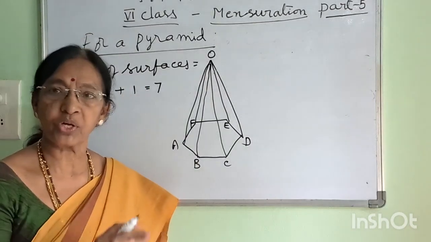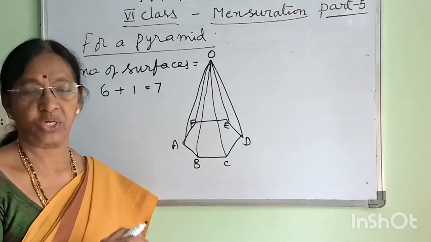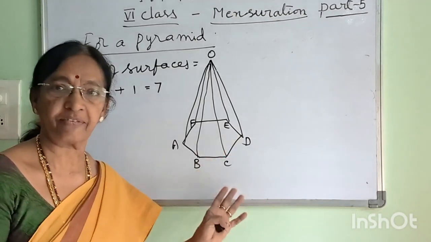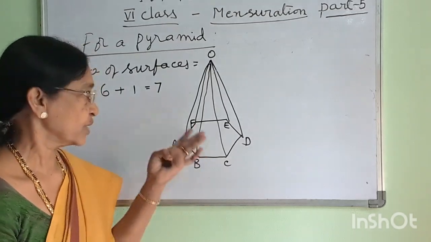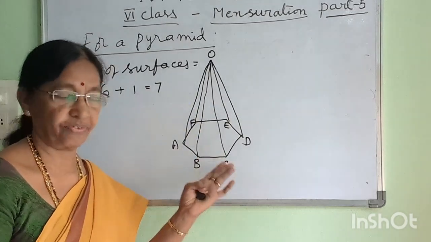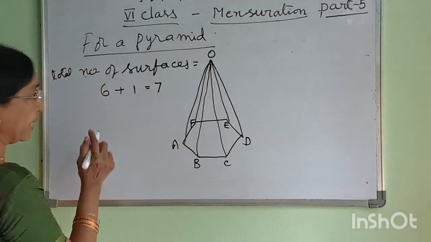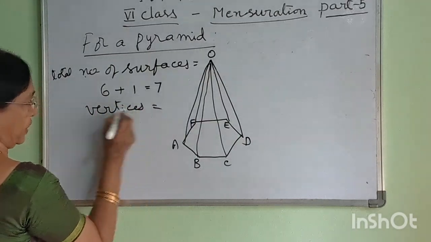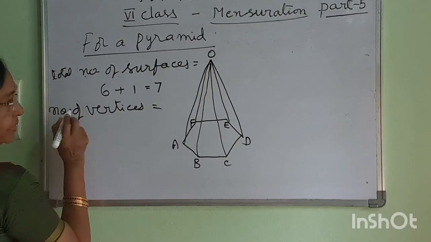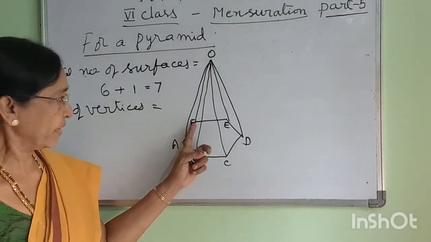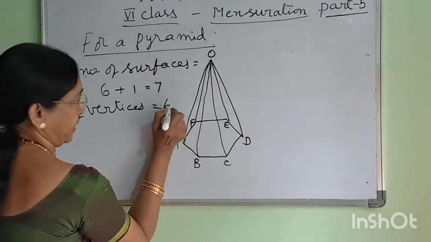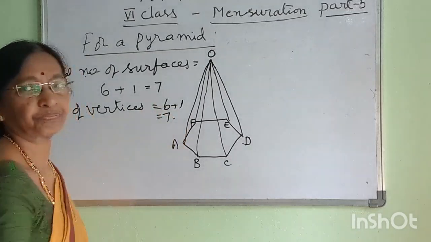This is the total number of surfaces. If you want only the lateral surfaces, the number of lateral surfaces is equal to the number of sides of the base, so the lateral surfaces are 6 for this one. Next, the number of vertices is equal to the number of vertices of the base, 6 plus 1, which is equal to 7.